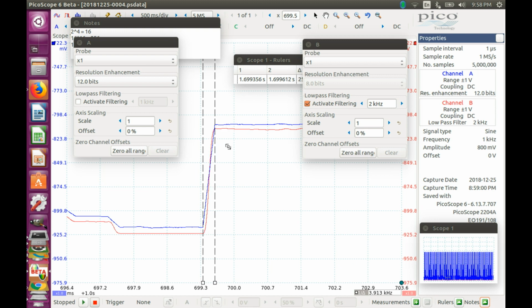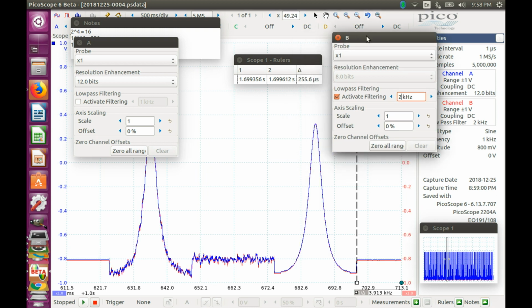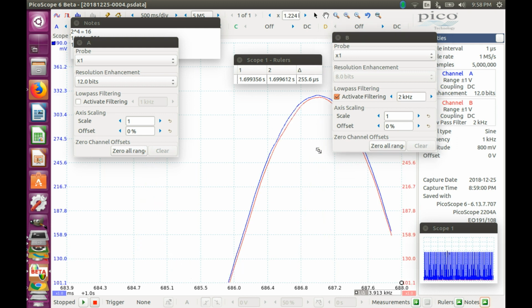So the filtering changes the step function into a smooth rise, and the bit resolution enhancement changes the step function into piecewise linear functions. Other than that, there is very little difference. We can check other regions and see that they are almost the same.